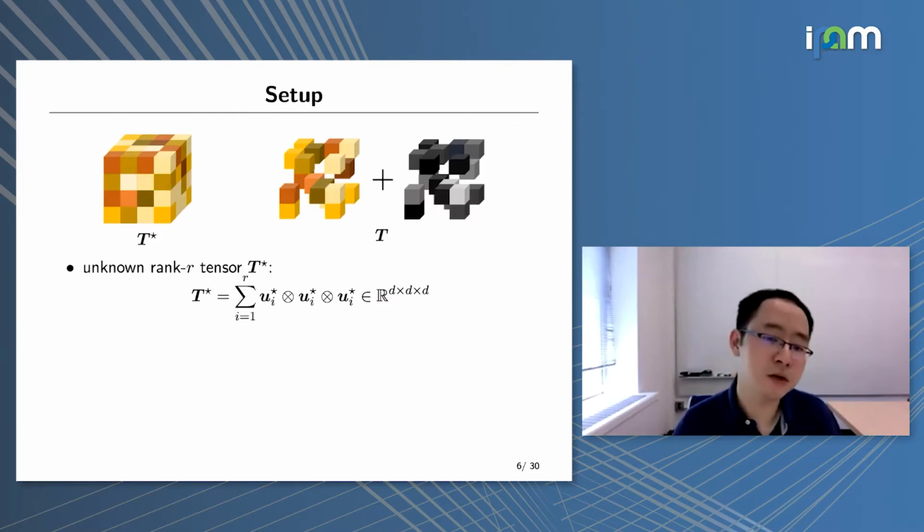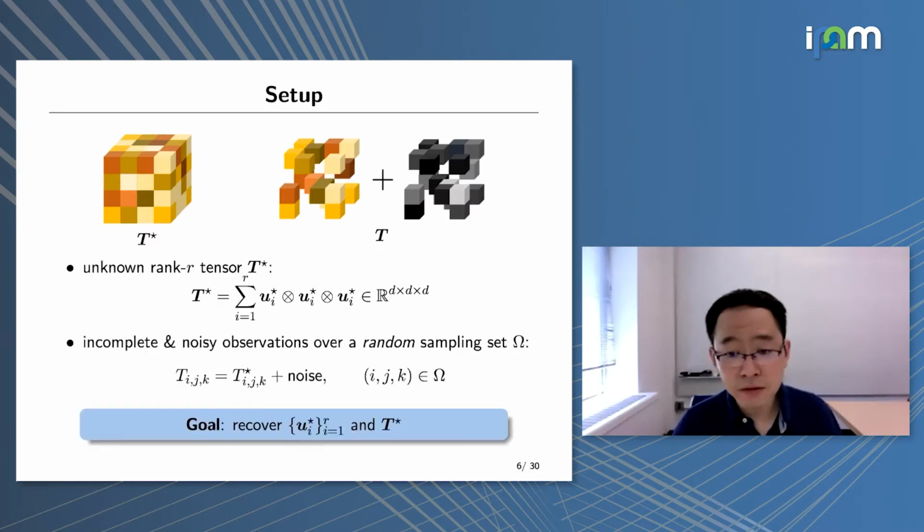Mathematically, let me introduce a few more notations which will facilitate discussion. I'm going to assume the dimension of the tensor is d by d by d, so think of d as something that's very large. I have a random subsampling of the entries of this tensor.